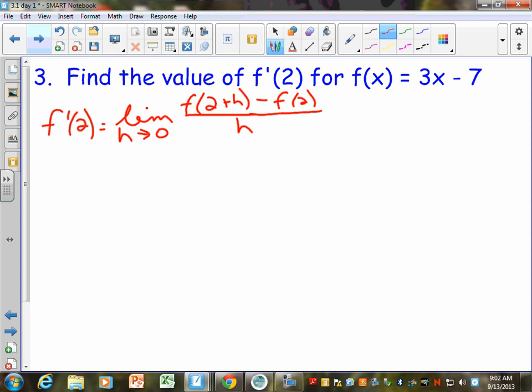It's really nice on this one because we don't have to FOIL anything out. We're just going to get the limit as h approaches 0 of 3 times 2 plus h minus 7. Remember, you're subtracting the whole thing here, so I'm going to put minus parenthesis 3 times 2 minus 7. That's f of 2 plus h minus f of 2.